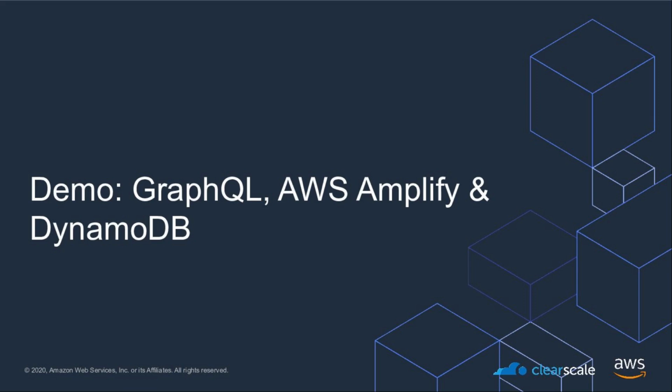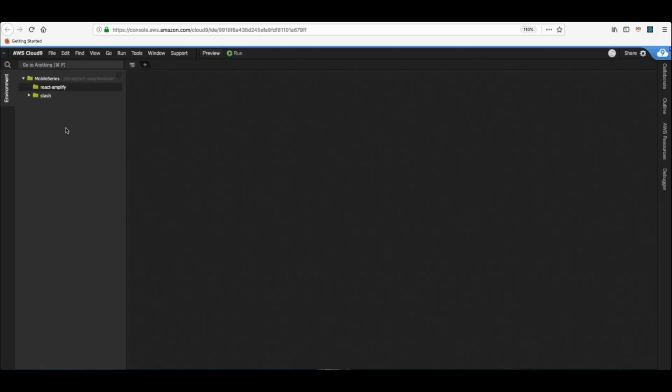I'm going to switch over to AWS Cloud9, which is a cloud-based IDE for doing development. So let me just share that with everybody. So that looks like that's ready to go. What we're going to do for the next 15 minutes, and it's almost exactly 15 minutes, is build a web-based React application from scratch using Amplify client libraries for the front end.